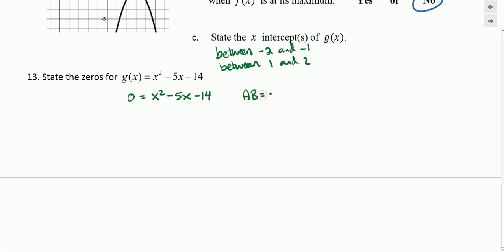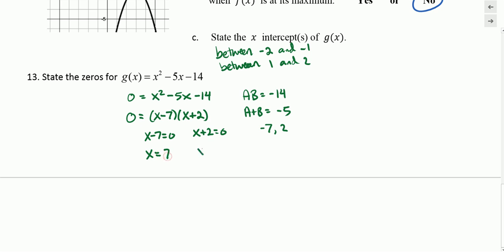If you multiply them together, you get negative 14, and if you add them together, you get negative 5. Well, 14 is 7 times 2, so if we go negative 7 and a positive 2, they multiply to negative 14, add to negative 5. So we could factor this to x minus 7 times x plus 2. And then set your factors equal to 0 and solve, and you get x is 7 and x is negative 2.